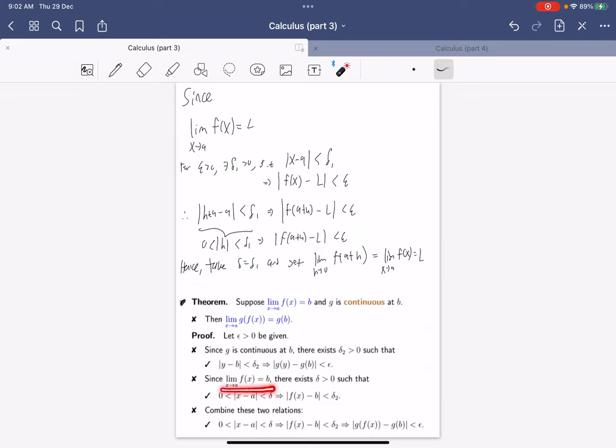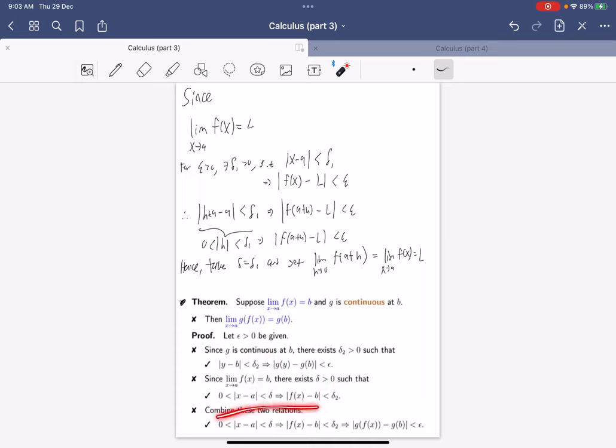And we know that this limit exists. So there is another delta such that |x minus a| less than delta implies that |f(x) minus b| is less than delta over 2. This delta over 2 corresponds to over here.